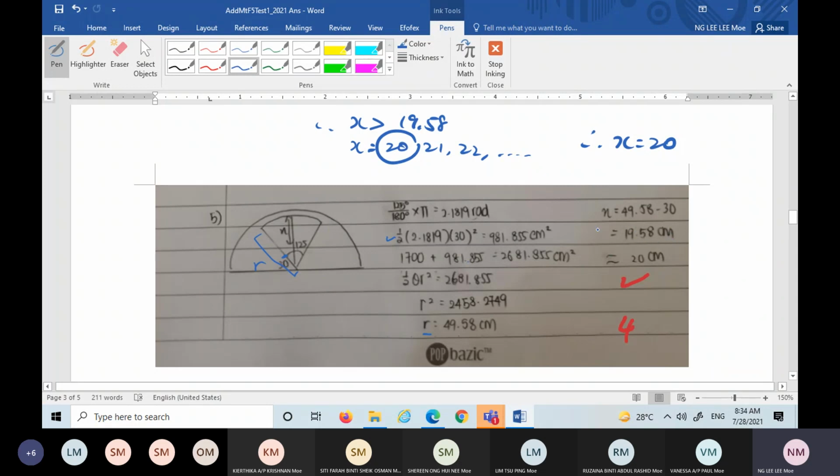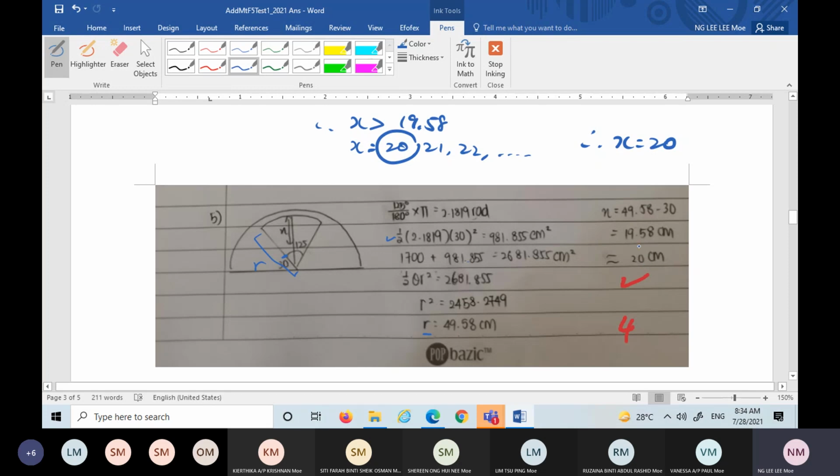This one is to get exactly 1,700. But if you want to get more than that, because it said at least, you have to have a bigger area, bigger x, which is 20.